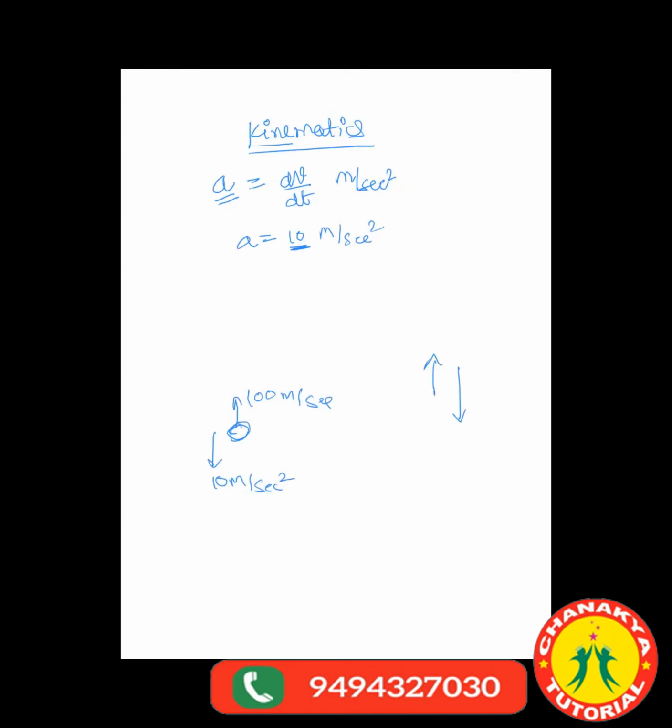So in 1 second, the velocity will become 90, then 80, and like that it will go on till 0. And then, because the acceleration due to gravity is non-zero, it starts increasing again in the opposite direction, 10, 20, finally it reaches 100. In this, does anyone have a doubt?